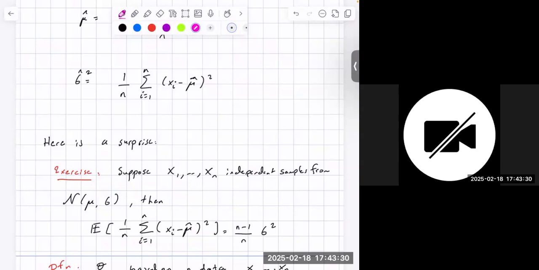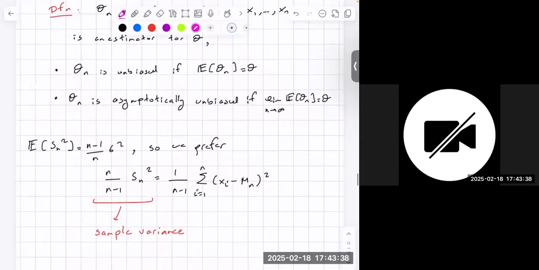I can multiply it by n over n minus 1 and cancel the n minus 1 over n factor. I can make it unbiased by force, basically. And that's what a lot of libraries do. Instead of this natural thing, they will multiply it with n over n minus 1 to kill this. If you do that computation, it comes out this way. And that's probably what you saw before. That's why you were asking why there is no n minus 1 there. So this is an unbiased estimator.